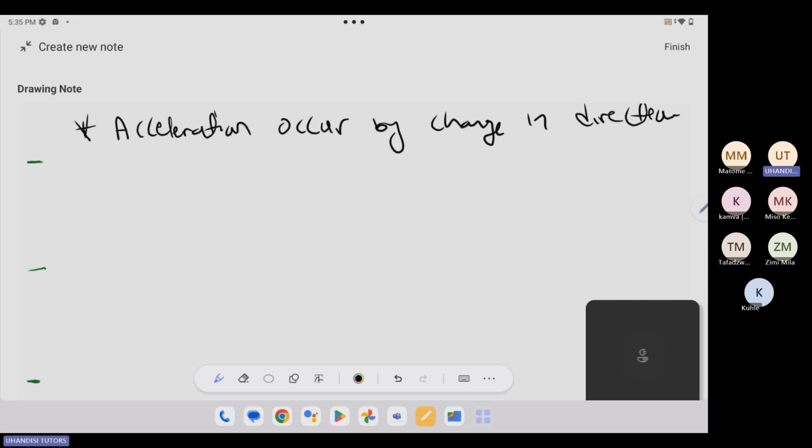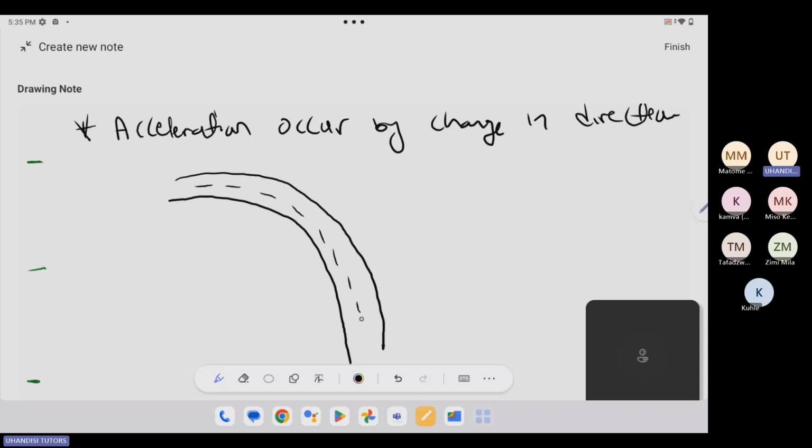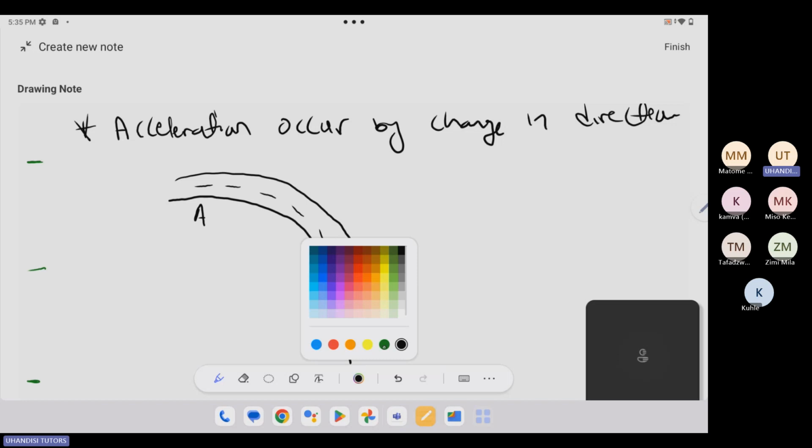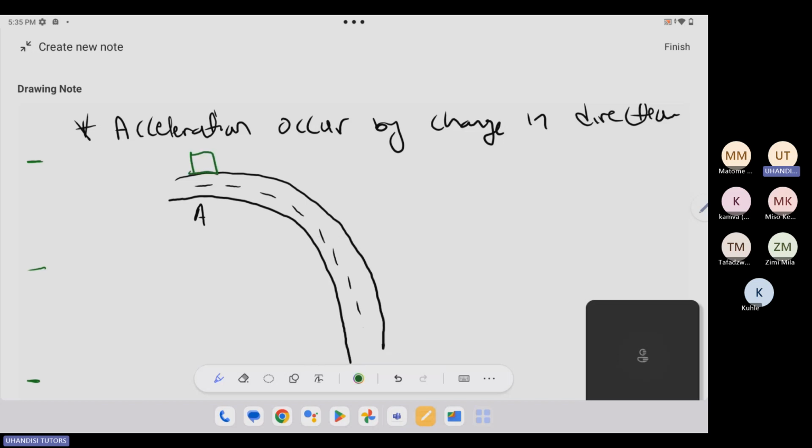Not a banked curve, but a circular path. So you have an object going in a circular path like this one. What you need to know is that when the object is exactly at point A, its velocity vector is pointed due east.